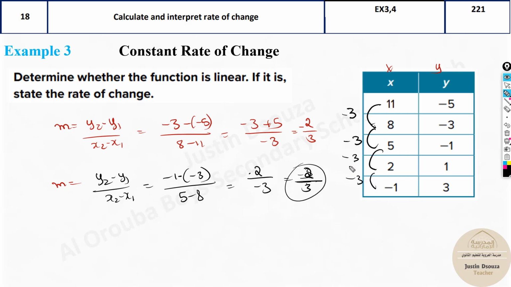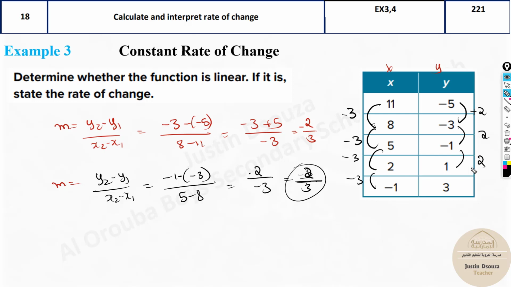It must be in the proper sequence. It should have a common difference. If you subtract 3, you will get 8. Yes. -3, 5. -3, 2. -3, -1. Now what about over here? What is being added? If you look carefully, it will be +2 here. Then over here also it's +2.